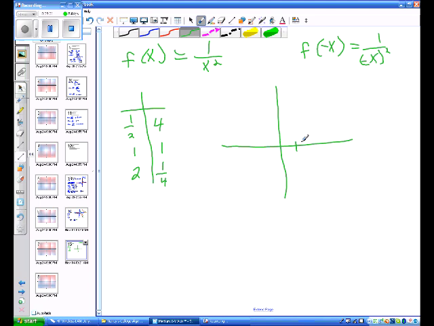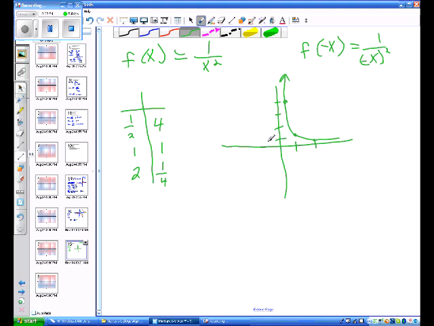So I picked the points 1/2, 1, and 2. At 1/2, I was at 4. At 1, I was at 1. And at 2, I was 1/4. So my graph would be going up.